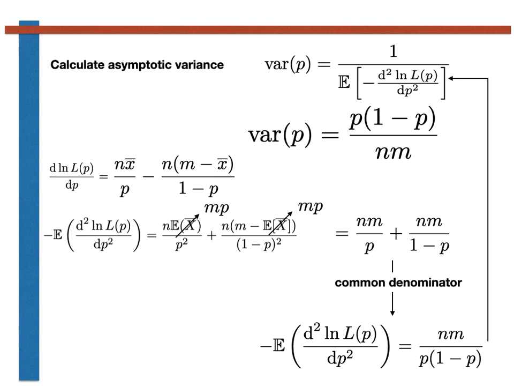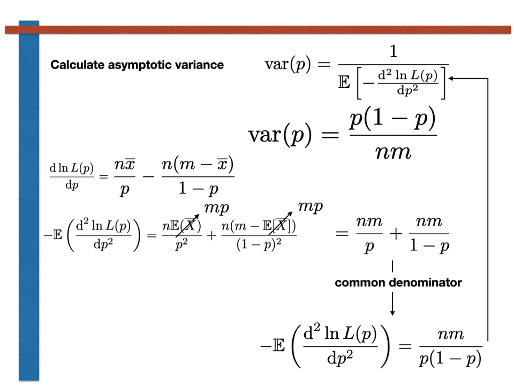I mentioned this as the expression for the estimator of p is an expression for the sample mean of n times m Bernoulli random variables. These are the n times m Bernoulli random variables that were generated to calculate all n of our binomial random variables. With that in mind, this expression for the variance makes sense.